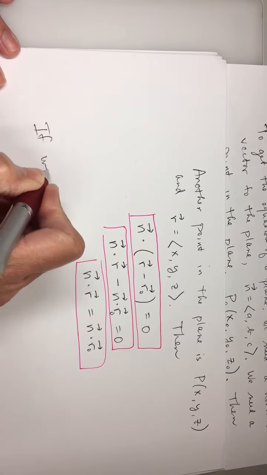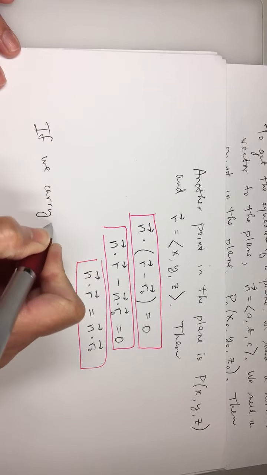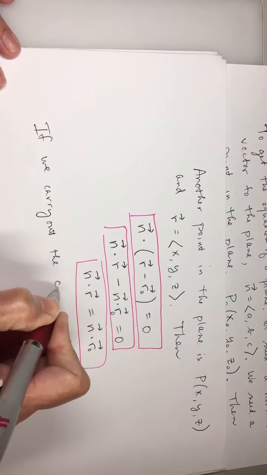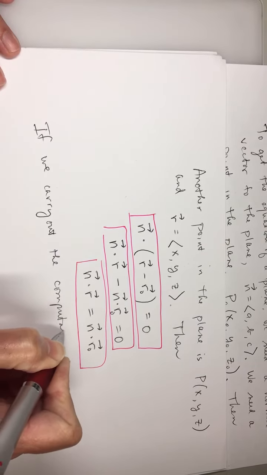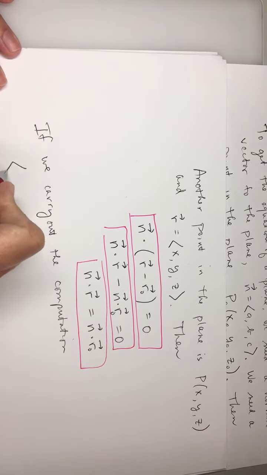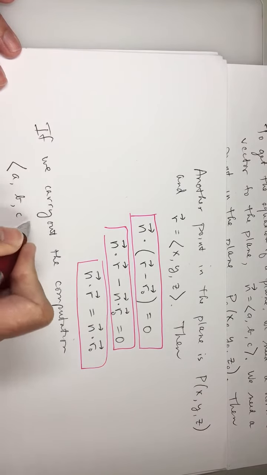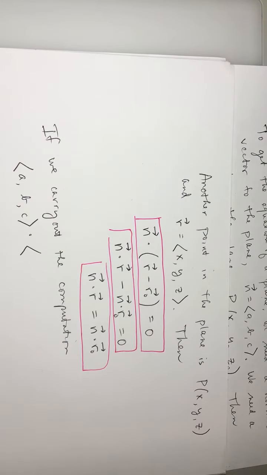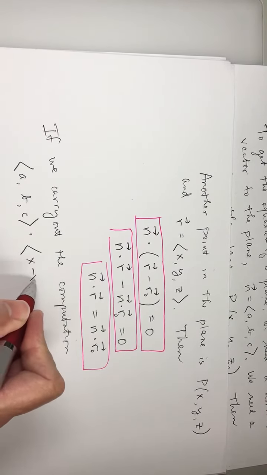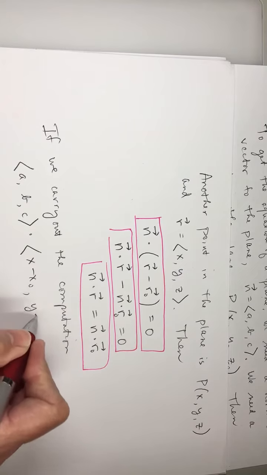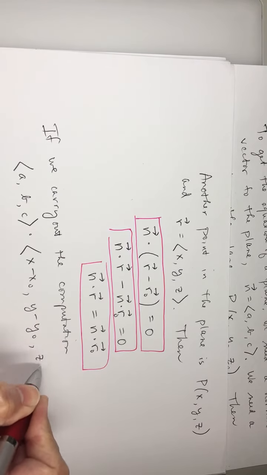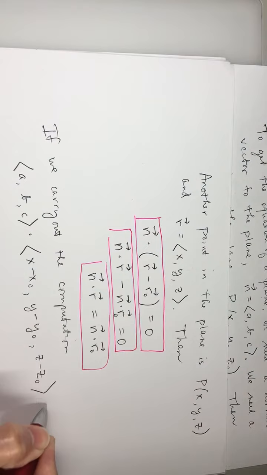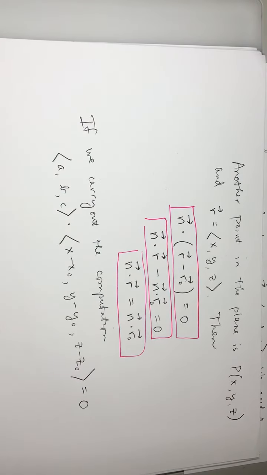If we carry out the computation, I end up with, well, vector n was a, b, c dotted with vector r minus vector r sub 0, which is going to be x minus x sub 0, y minus y sub 0, z minus z sub 0, and that dot product would be 0.